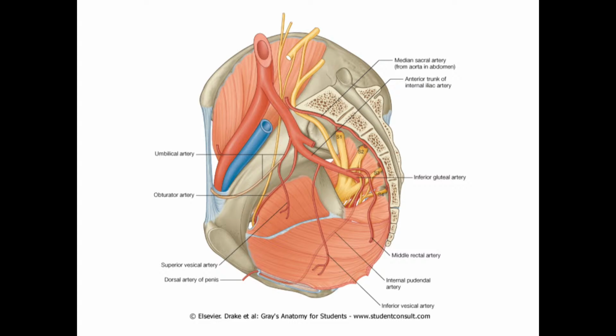Together, these veins create the pelvic plexus, and they mostly supply the rectal and anal canals, and they drain into the superior rectal veins. They are located in exactly the same areas as the arteries.